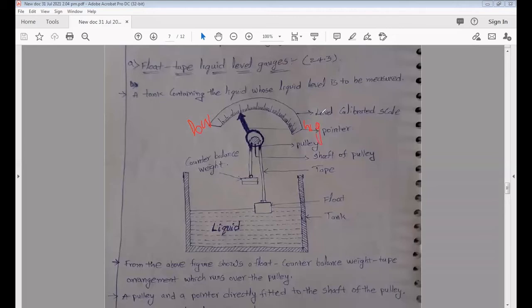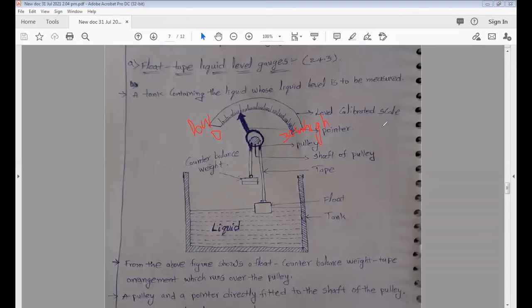The scale runs from 0 to a certain level, maybe 30 meters or 30 centimeters, whatever it is, and it will be calibrated.